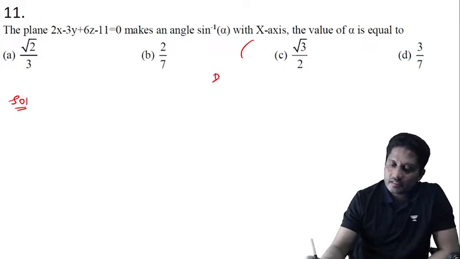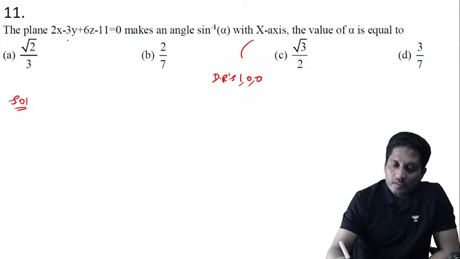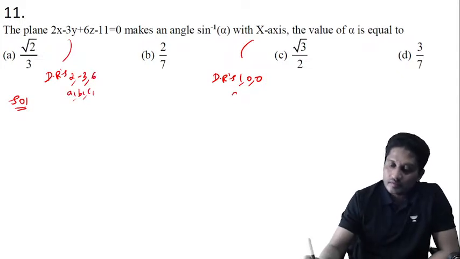DRs of x-axis 1 0 0. DRs normal to the plane 2 minus 3 and 6. This is A1, B1 and C1. This is A2, B2, C2.